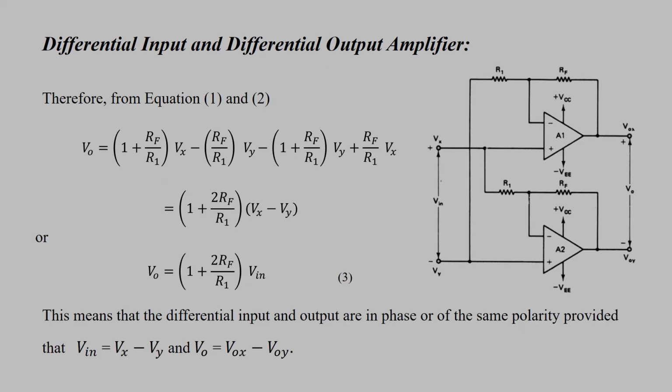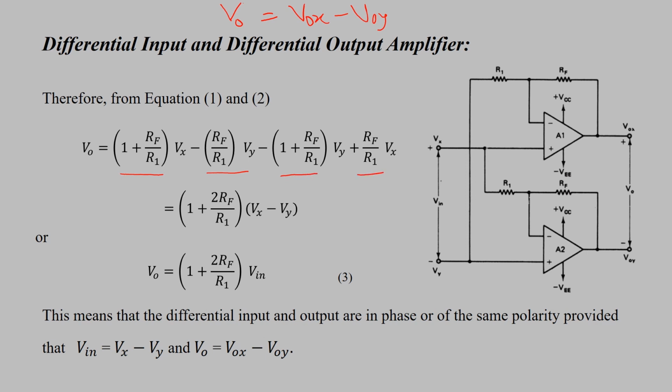So we already calculated Vox and Voy, and we know that we can write Vo as Vox minus Voy. So from the above equations, we get output voltage equal to 1 plus Rf by R1 into Vx minus Rf by R1 into Vy minus 1 plus Rf by R1 into Vy plus Rf by R1 into Vx.